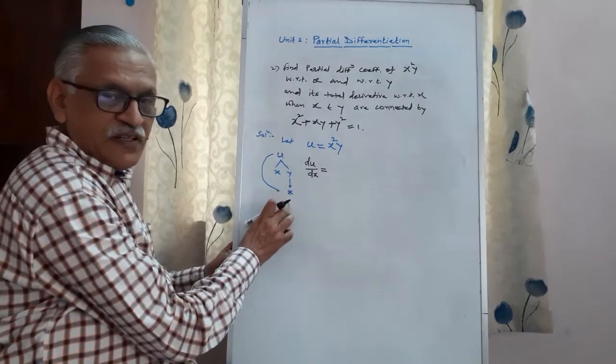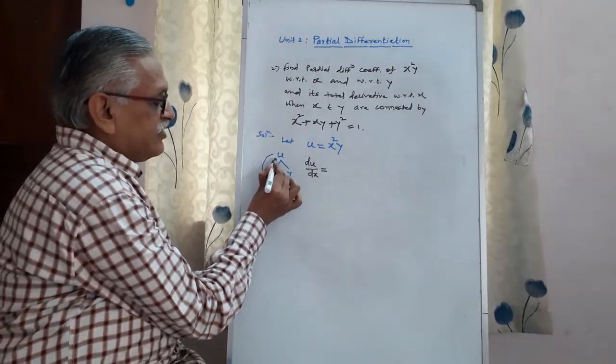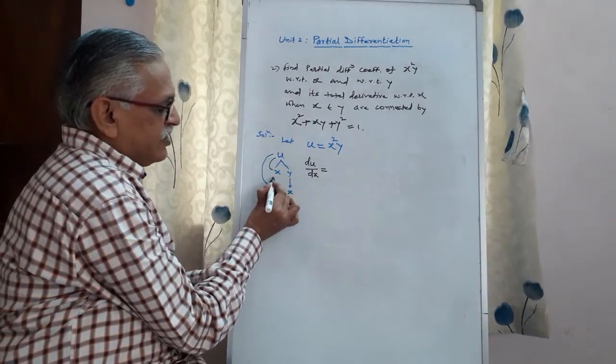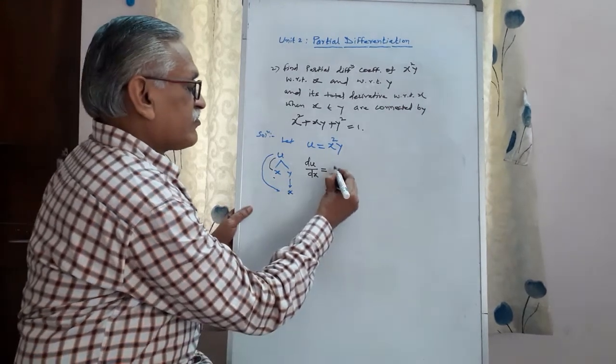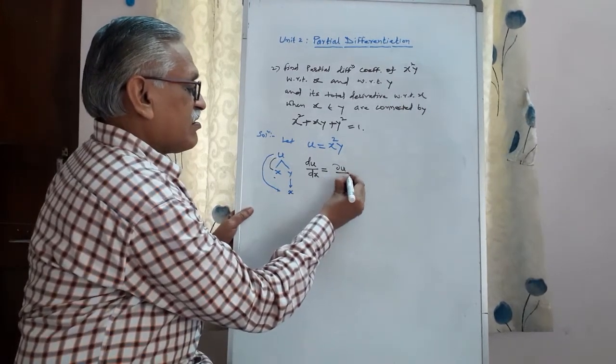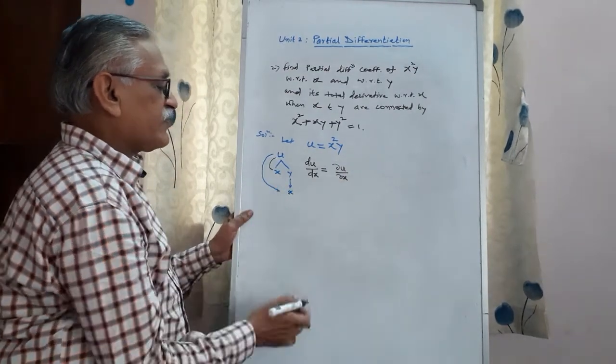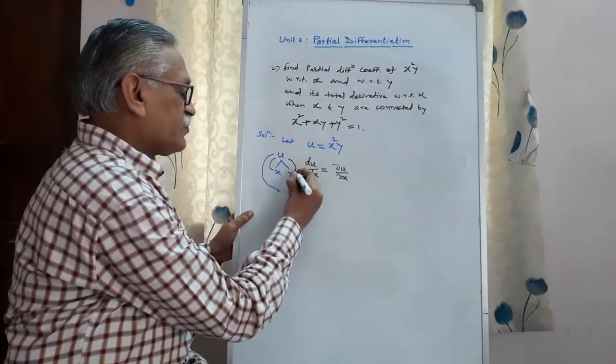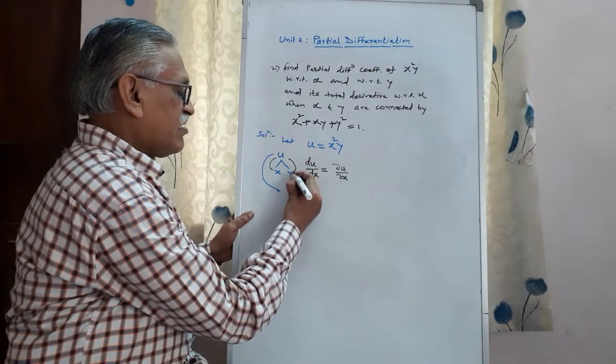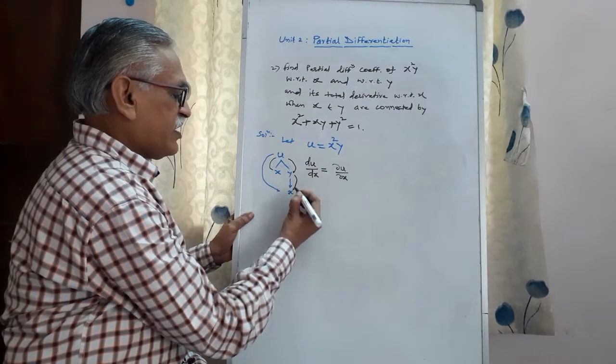Directly it is not possible. Therefore, how are we finding it? Differentiating u with respect to x and then x with respect to x, the derivative of x with respect to x is 1. Then differentiating u with respect to y and then y with respect to x.